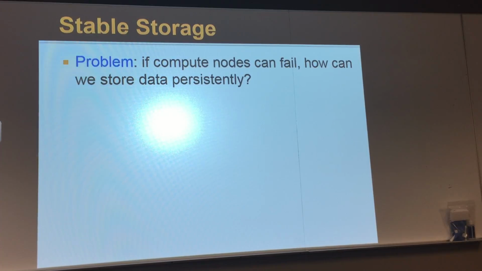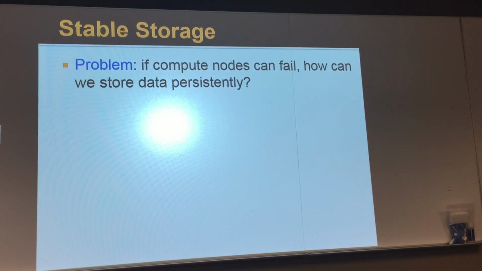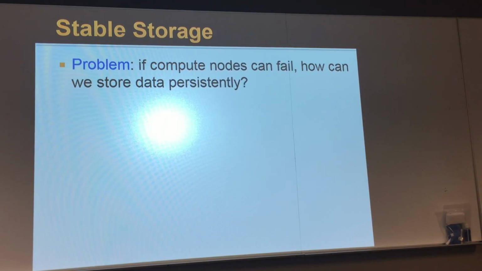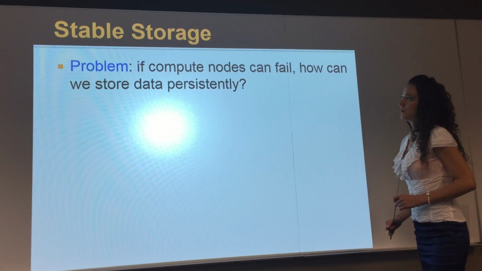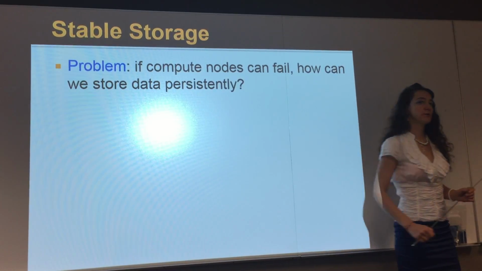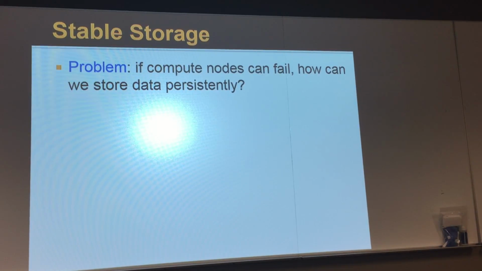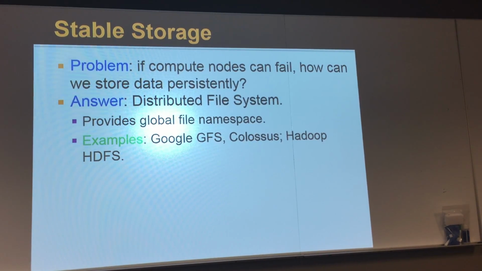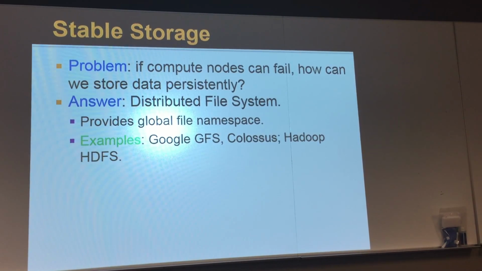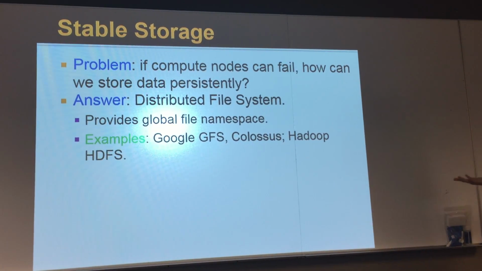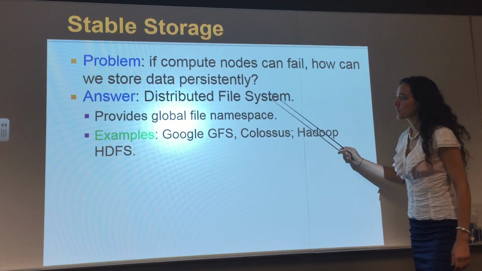Now, some of these nodes can fail when they're doing the data processing. So what are we going to do to resolve this issue? We do need to replicate the data and store it in several places in order to avoid that issue. And the way we do that is by creating a special file system, which is called a distributed file system.